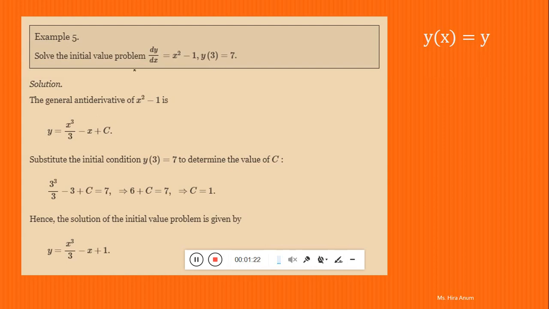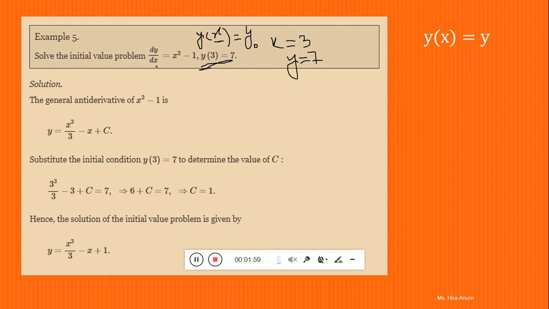Initial value problem. In an initial value problem, you have a condition like this: f of x equals y naught. This is the value at x equals 3 here, and y naught, the y value, is 7. So x value is 3, y value is 7.